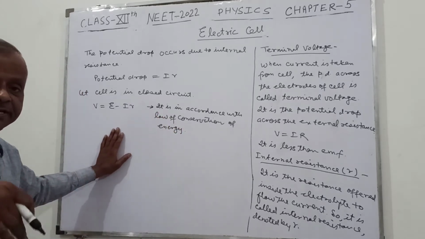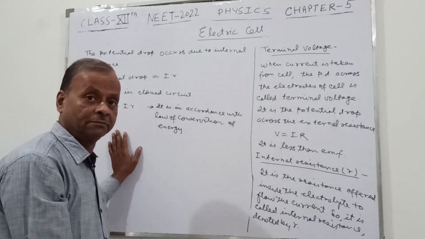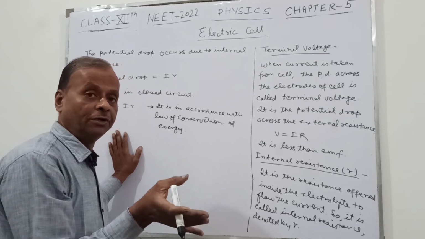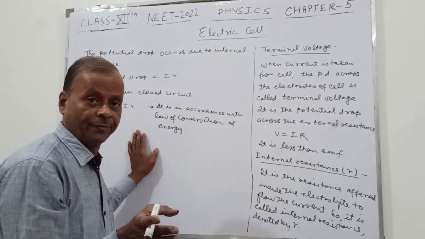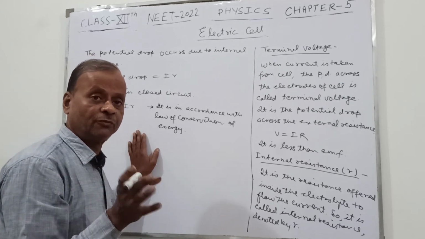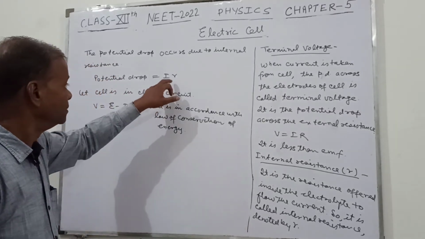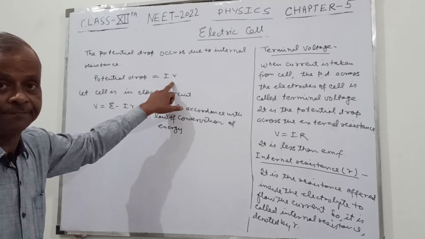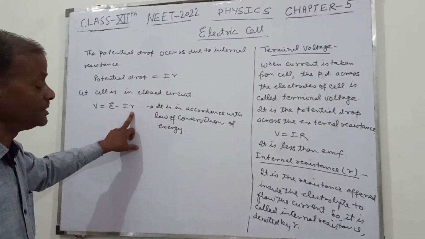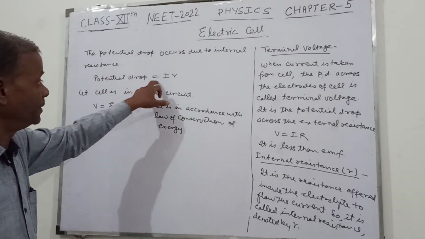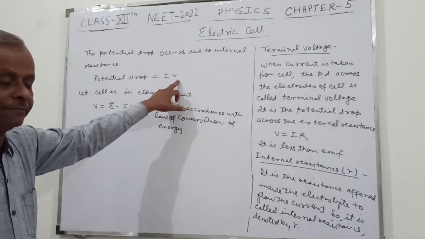So when the cell is providing the current, this terminal voltage is equal to the difference of the electromotive force and the potential drop across the internal resistance. So this Ir is called the potential drop across the internal resistance.